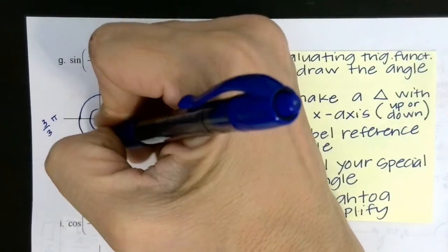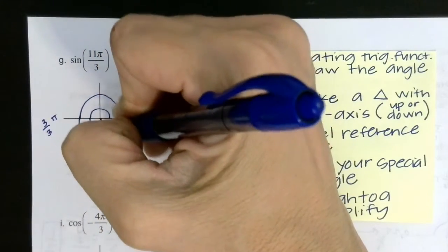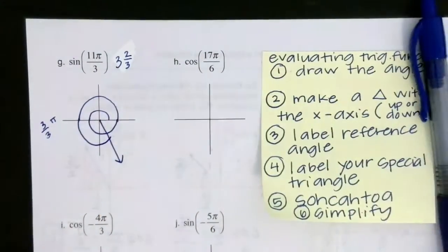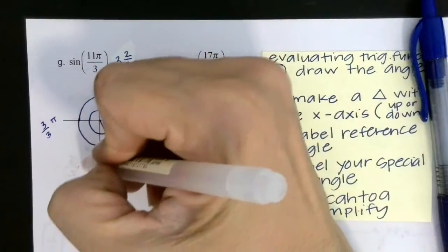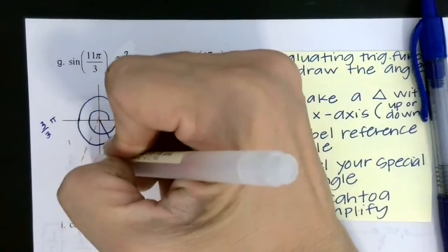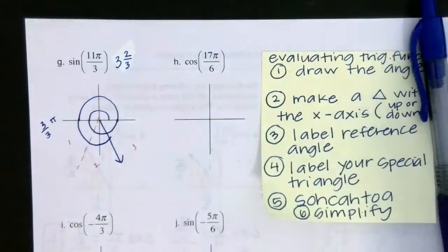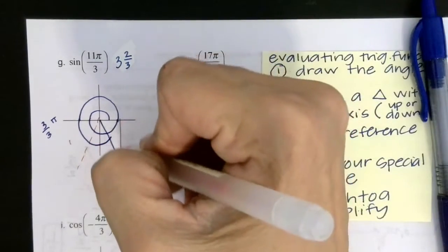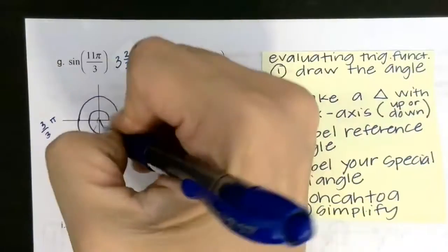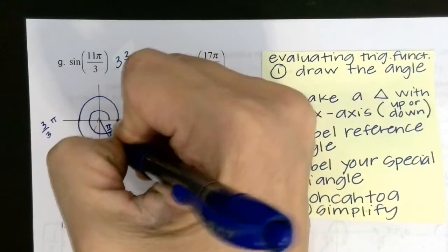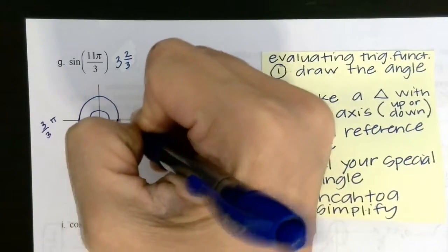So 2/3 is going to bring me all the way to here. And again, when you're doing this, you can see 1, 2, and then 3 right there. Okay, make the connection with your x-axis. This is a pi over 3 reference angle, which is 60 degrees.